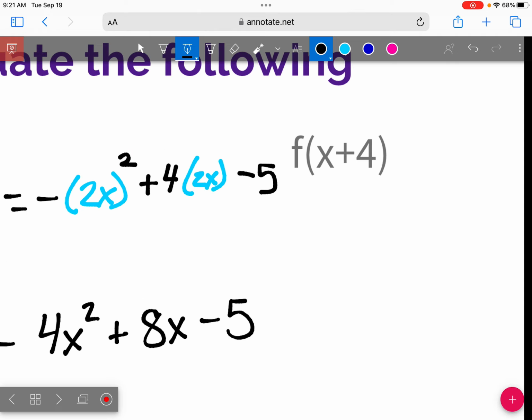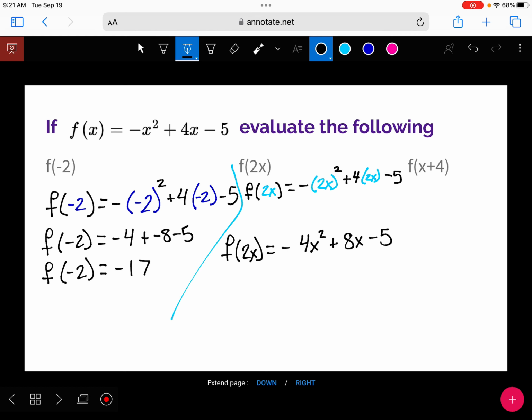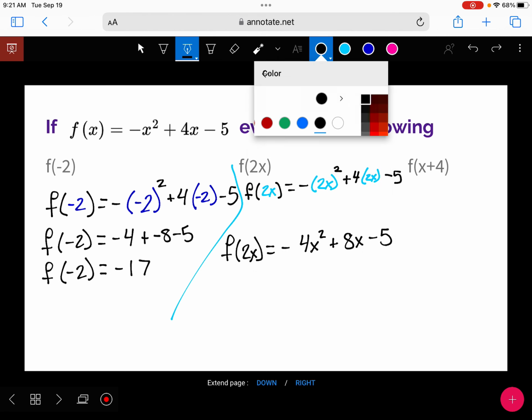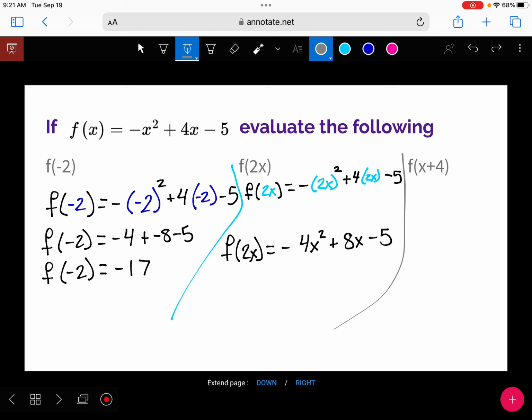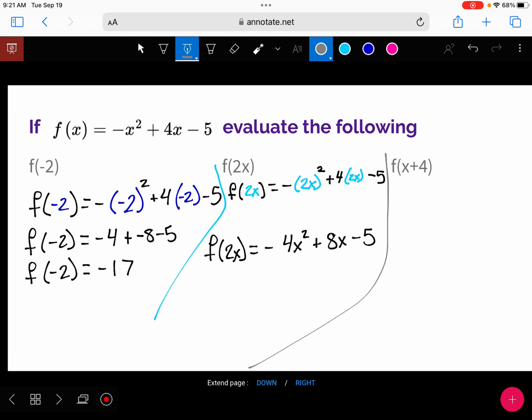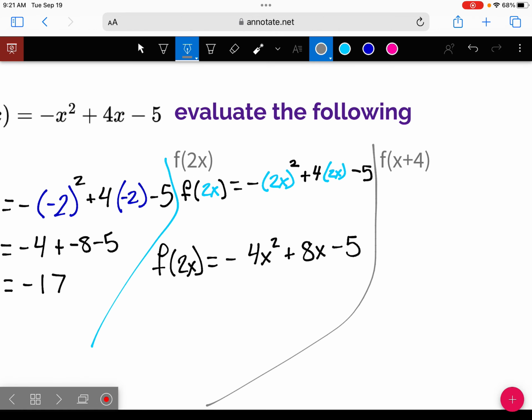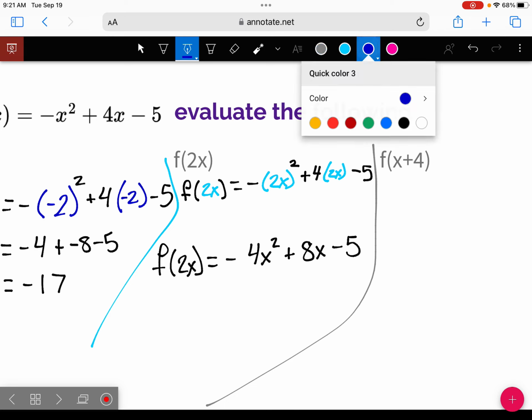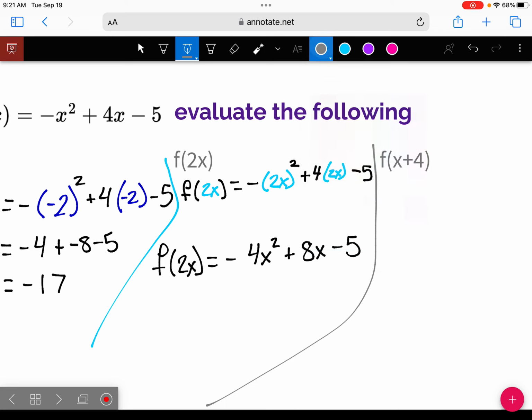Okay? So last one up here, f of x plus 4. Same vibe. I'm going to zoom it out so we can actually see our equation. I'm going to run out of space. There we go. No, I won't. So, our f of x plus 4, and we substitute that in.